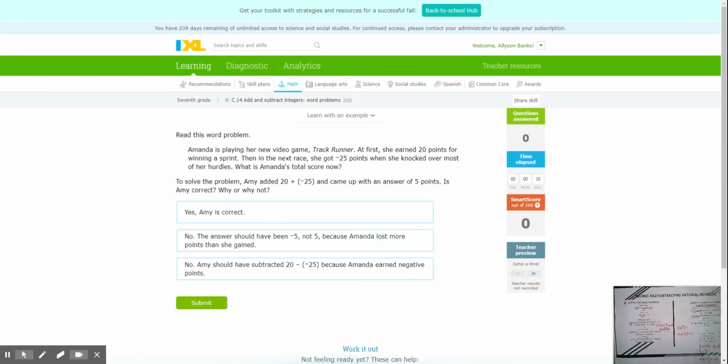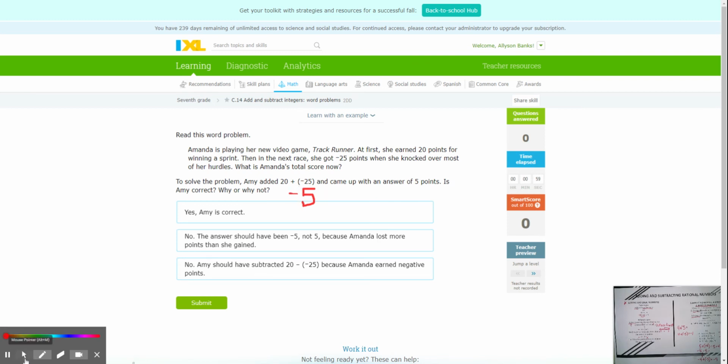So let's think about this. This is an addition, so our rules are we have to subtract because they're different signs, and then take the sign of the number with the greater absolute value. Well, 25 minus 20 is 5, but the greater absolute value is negative, so my answer is negative 5.